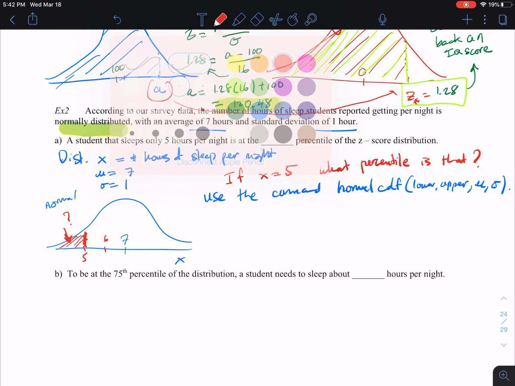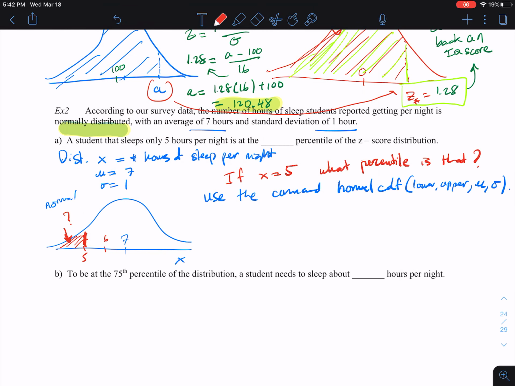Do second, distribution: second and vars will bring up the distribution, and then you type in normal CDF of what is the area to the left of phi, meaning we start as low as negative 99, the lower bound, up to 5 hours.